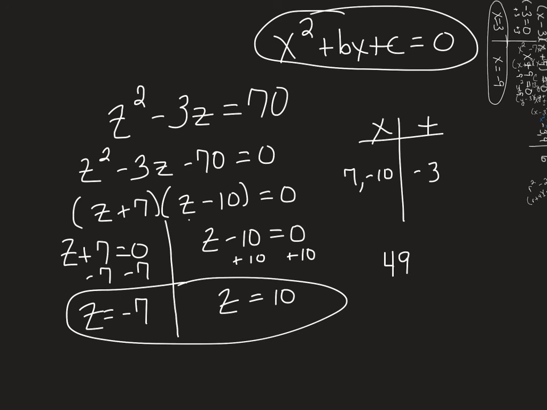And negative 3 times negative 7 is plus 21. 49 plus 21 is 70. So that works. Negative 7 works. You could do the same thing with 10. 100 minus 30 equals 70, and that's true as well. So those are correct solutions.